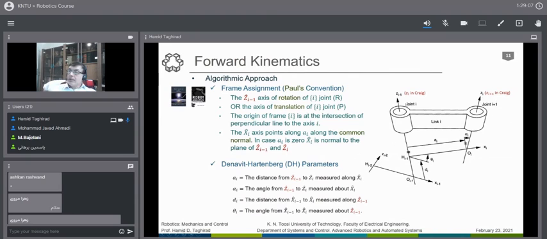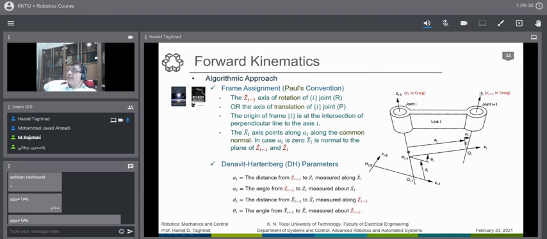And don't consider the red one. The red one are difference between the Craig and Paul. We will work only on Paul to make life much easier for you. It is much harder for me, but much easier for you.